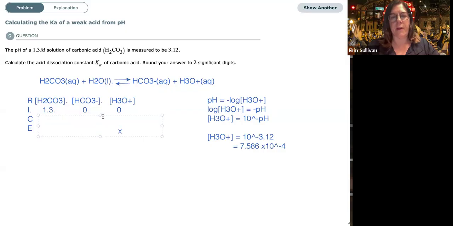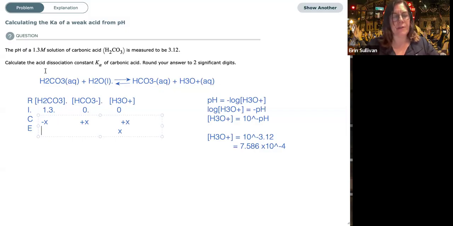So my change row has to be that over the course of the ionization, I'm forming X moles of hydronium, and I'm also forming X moles of the conjugate base, and to do that, I'm using up, so minus X moles of that weak acid. So this would be how you would normally fill out your ICE table.